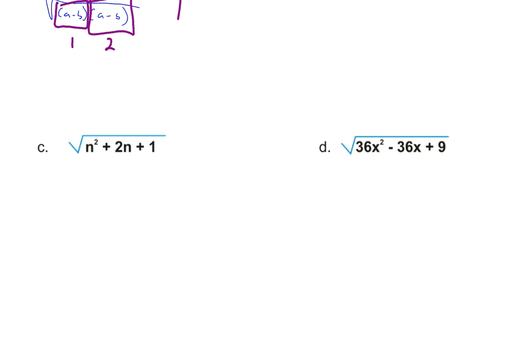It's a what kind of polynomial? It's one thing, right? It's a trinomial. Isn't the n squared tied to the 2n by addition, which is tied to the 1 by addition? Isn't it all one thing? We don't have any factors we can take the square root of right now. There are no factors. It's one thing.